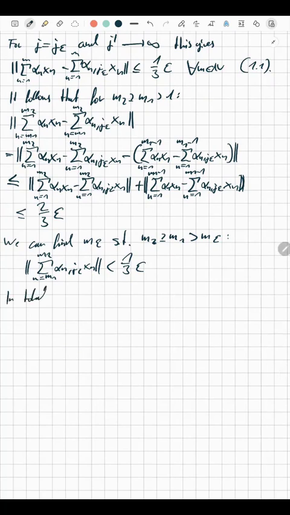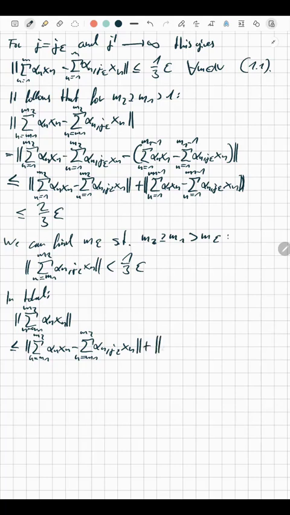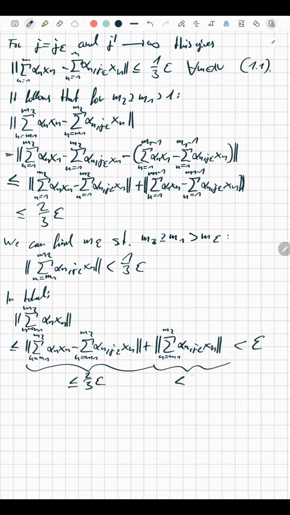In total, we get that the norm of this vector, which is, by using the triangle inequality, the same as the following: the norm of the sum of alpha n xn minus alpha n j epsilon xn plus the norm of going from n equals m1 to m2 of alpha n j epsilon xn, where this is just less than epsilon, since this is less or equal to 2/3 epsilon and this is less than 1/3 epsilon.